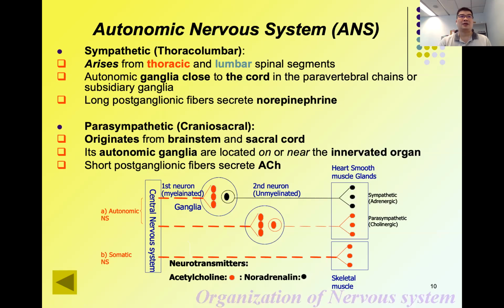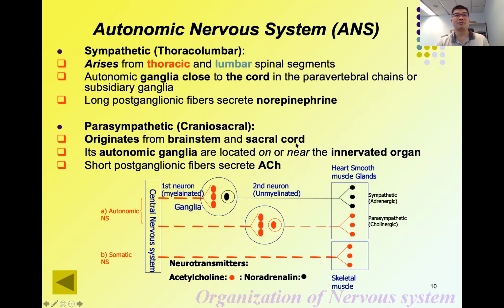Now the parasympathetic system is craniosacral. Cranial means the top part, and sacral means the one at the bottom. The parasympathetic originates from the brainstem, and the sacral cord from the spinal cord.